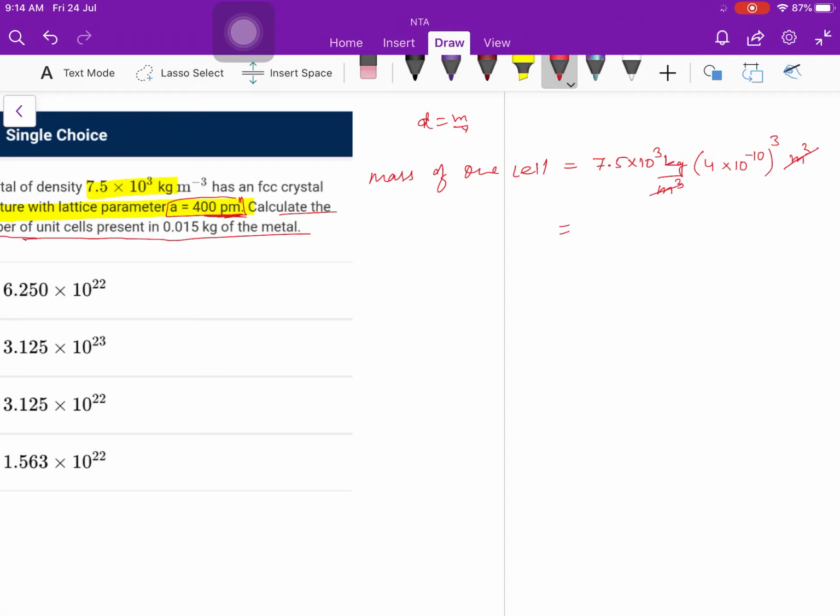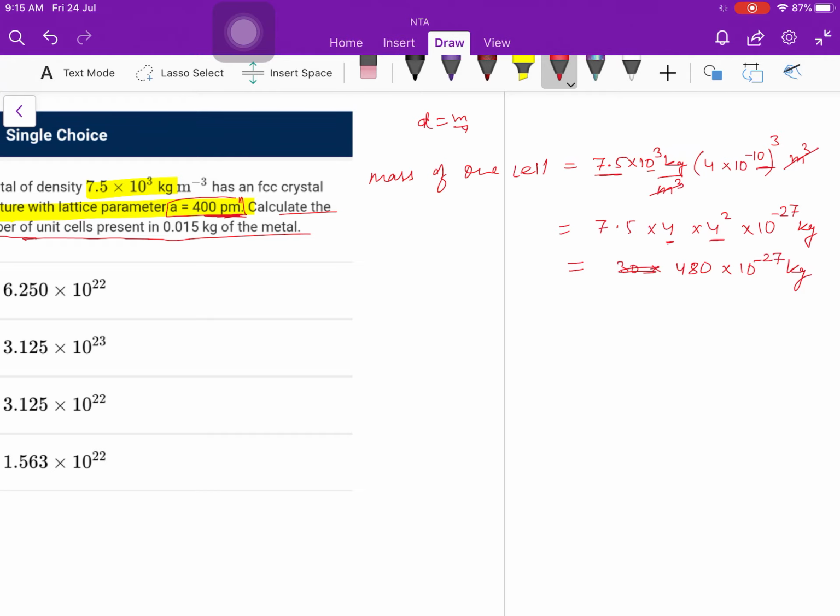So this is 7.5 into 10^3 into 4 cube into 10^-30, so 10^-27 kg. Why did we do this? So that we can multiply it easier. 4 5s are 20, 7 4s are 28 plus 3 is 30, and 30 into 16, so this is 480 into 10^-27 kg. We have found the mass of one cell.